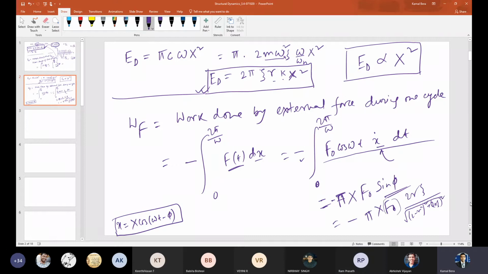So now what is F naught by this? You just convert it in terms of capital X. Try to introduce capital X. So F naught by this, you know it, right? This is the magnification factor. Then X square will come. So finally what are you getting? Minus pi X square 2 r zeta, sir.